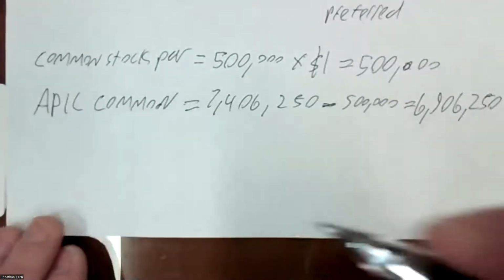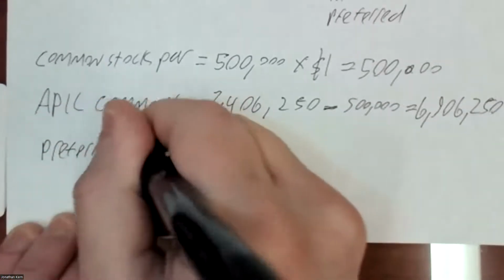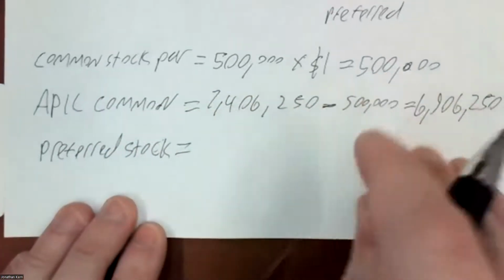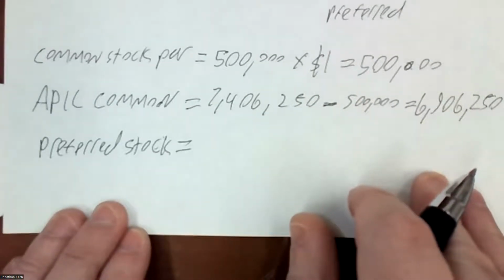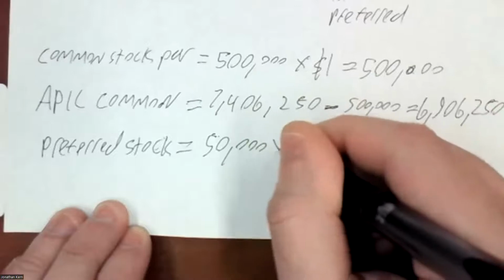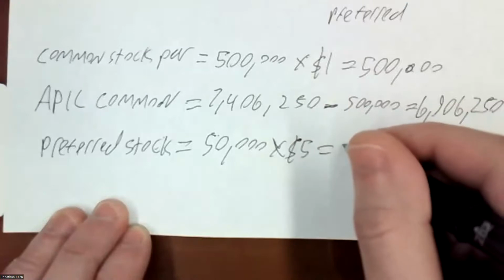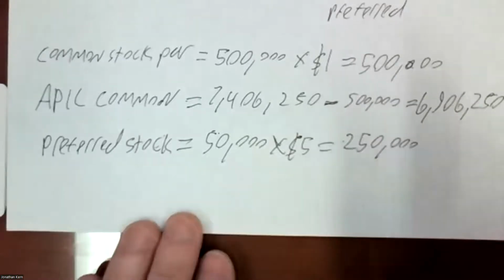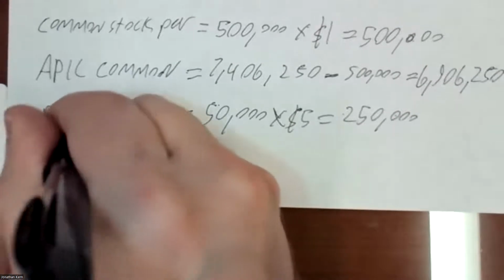And then we will do the same process for the preferred stock. The par value for the preferred stock was $5 per share, and we issued 50,000 shares times $5. So that gives us $250,000 of preferred stock. And we'll calculate our APIC preferred.